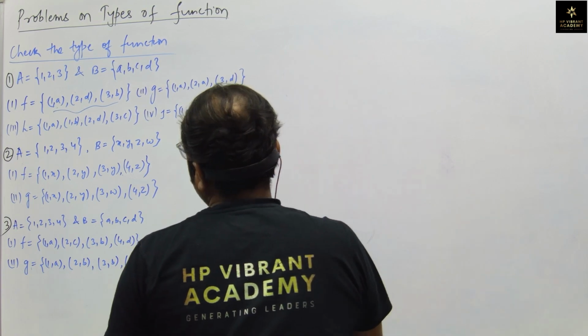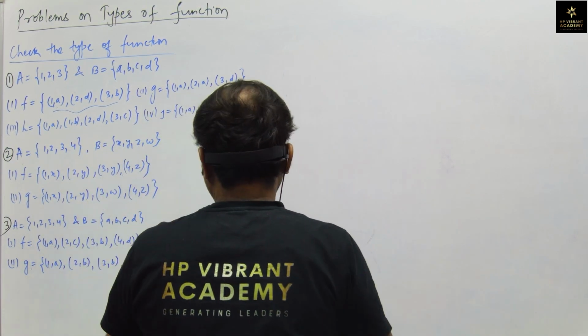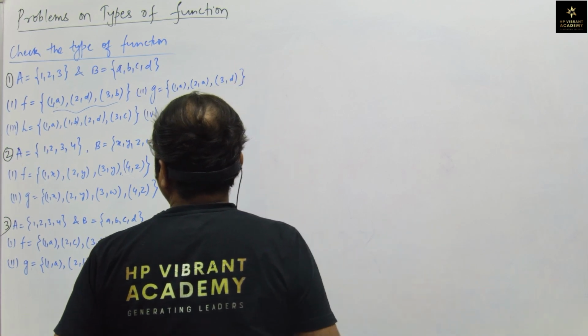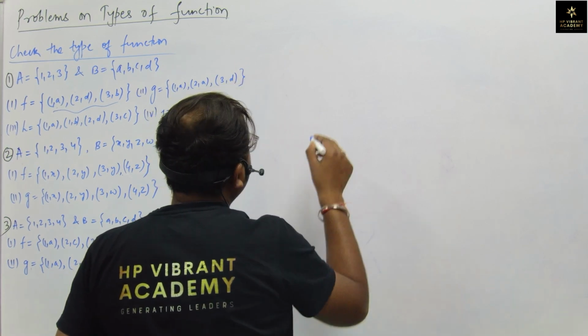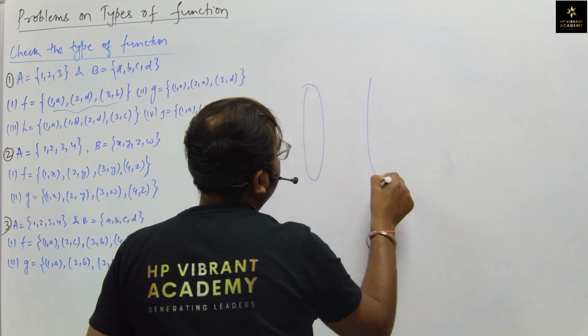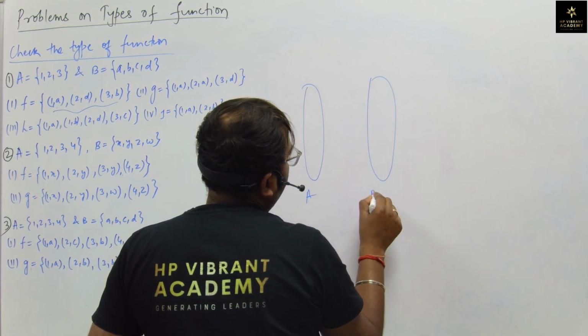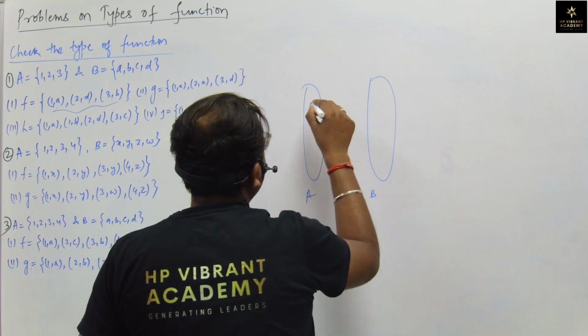So let us discuss this function h. This is set A, this is set B. The elements in set A are 1, 2 and 3.